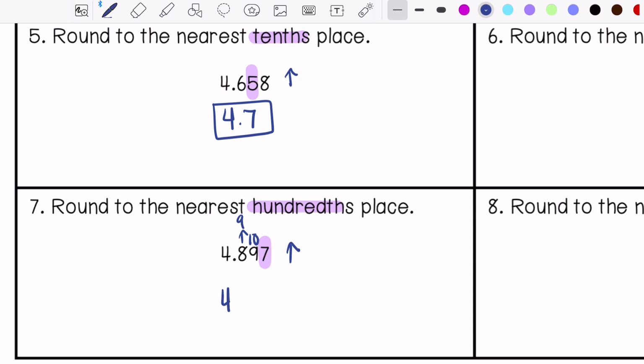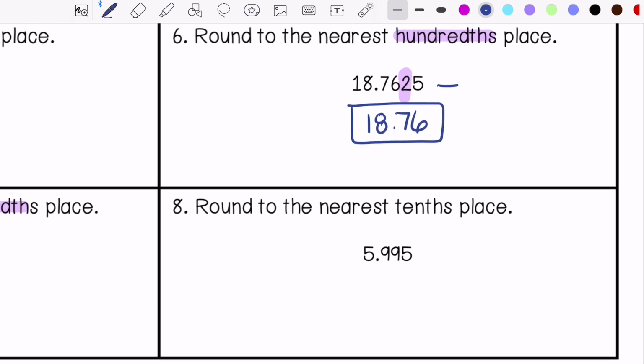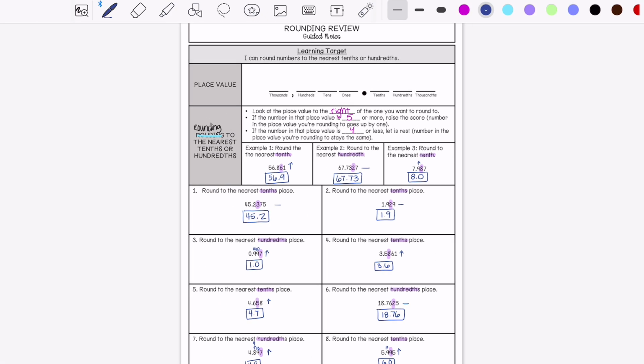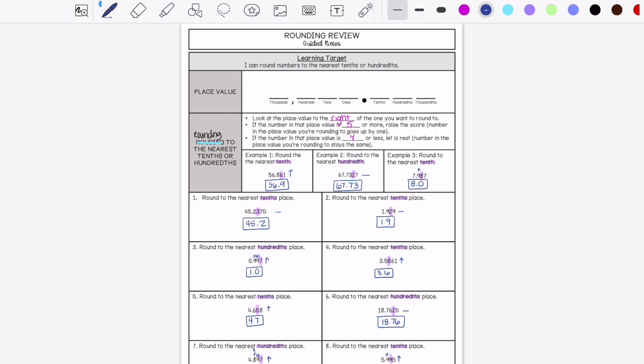So 4.9. Round to the nearest tenths. So 5 or more, raise the score. This goes up to 10. So this goes 6.0.